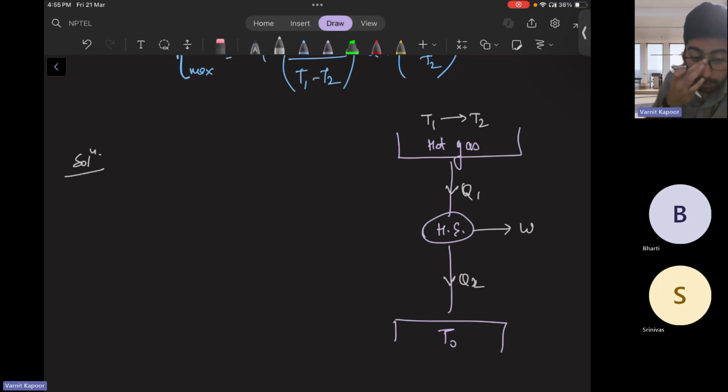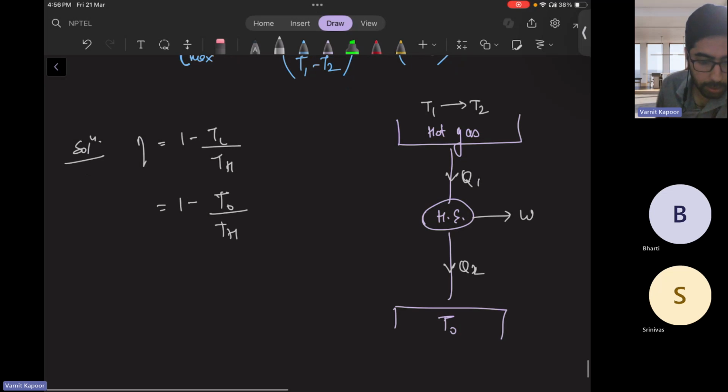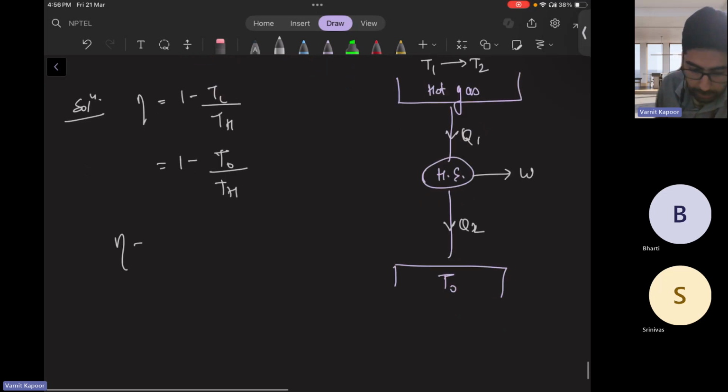So we know that the efficiency of an ideal engine is nothing but 1 minus T lower by T higher. So the maximum efficiency is 1 minus T lower by T higher, where T lower is T naught, and T higher is something to ponder over. Also efficiency is net work by Q supplied, which can be written as Q supplied minus Q rejected by Q supplied.